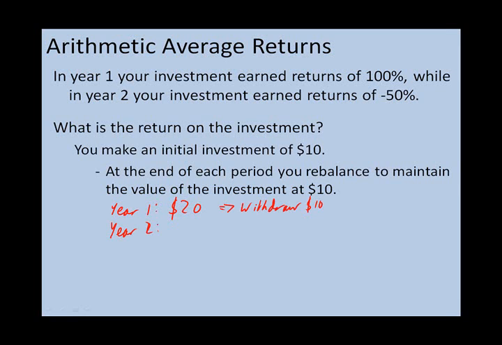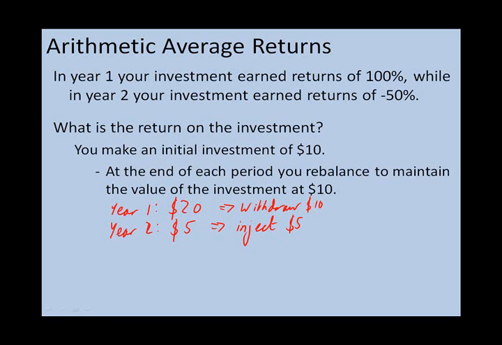So we start with $10 and we earn returns of minus 50%. That means we're left with $5. And we've said that at the end of each period you rebalance to maintain the value of your investment at $10. That must mean we have to inject money, and we'll have to inject $5 in order to make our investment value 10.